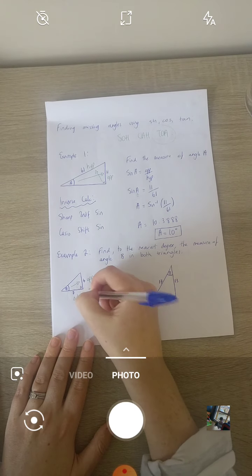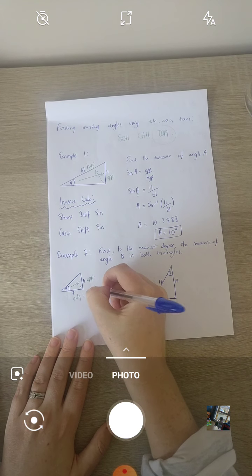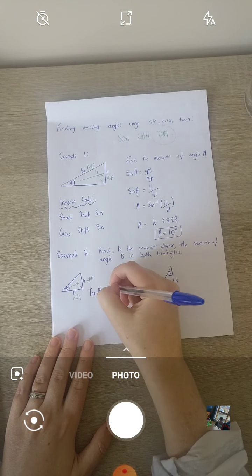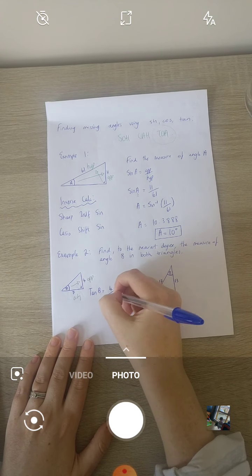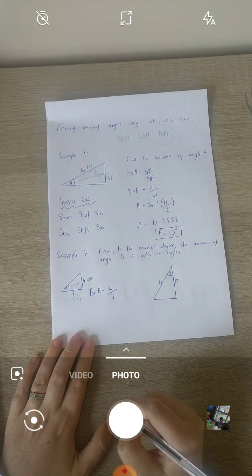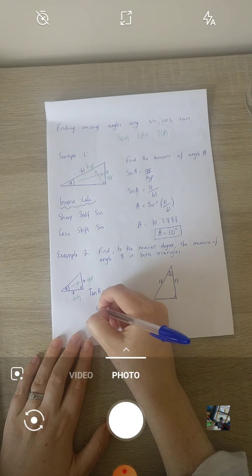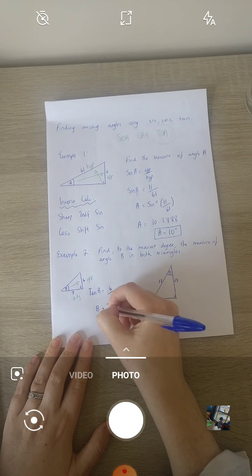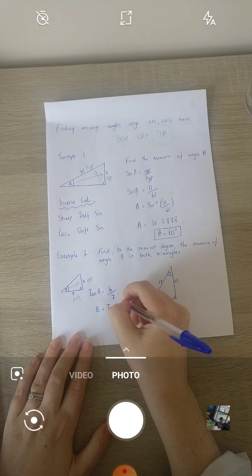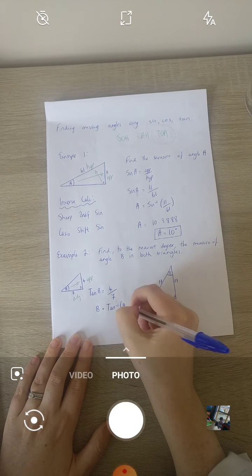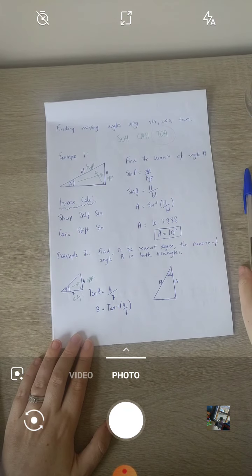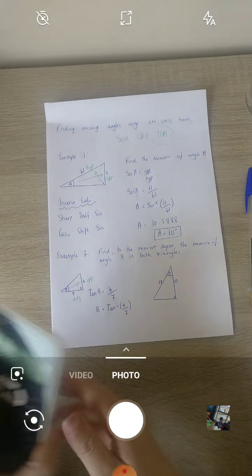So we've tan of the angle B is equal to the opposite, which is 4, over the adjacent, which is 7. Now remember, I'm leaving B on the left because that's what I'm trying to find. When I bring tan over, it becomes the inverse of tan, 4 over 7.